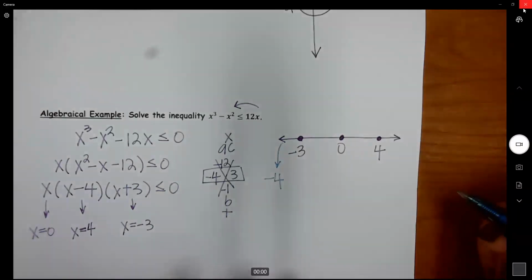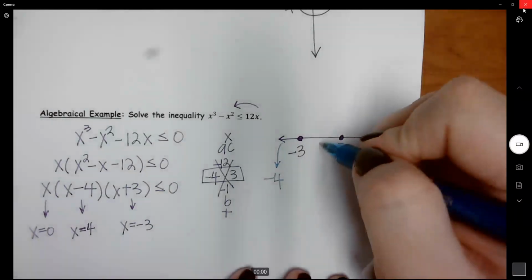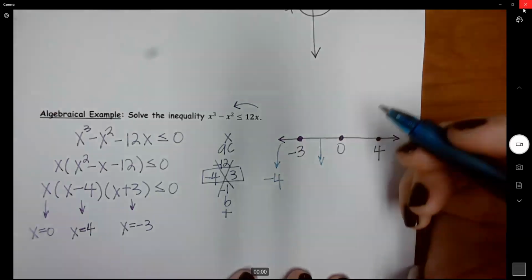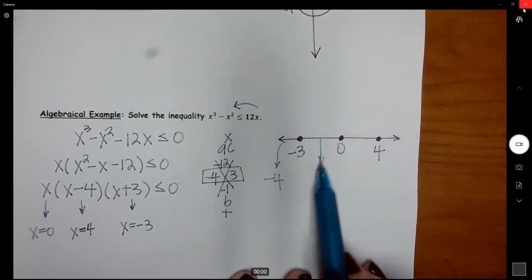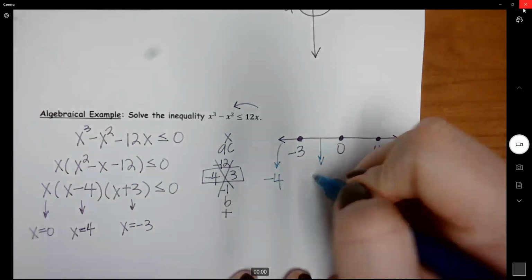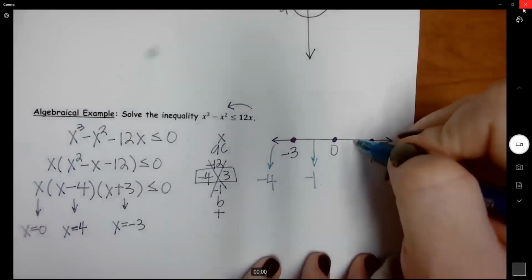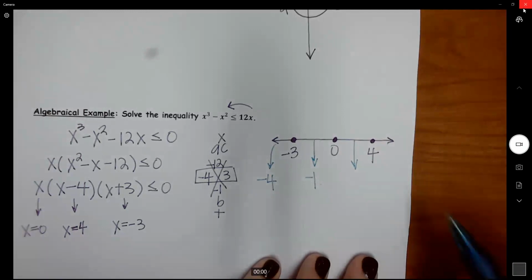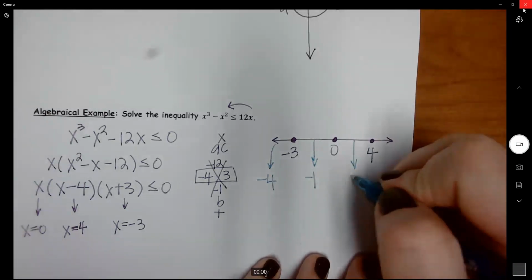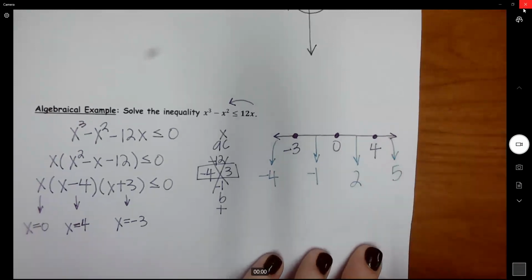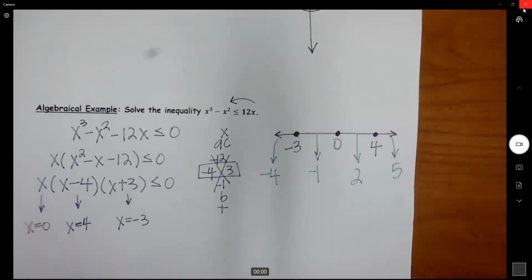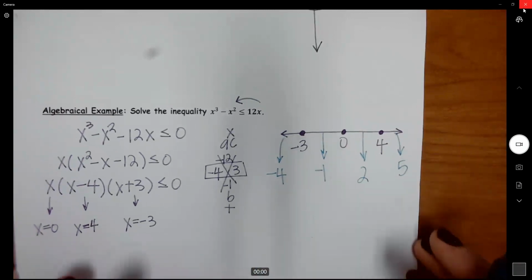So negative 4 would be the most obvious one to do. Something in between this interval, between negative 3 and 0, is either negative 2 or negative 1. We need something in this interval, we could do 1, 2, or 3. We'll just go with 2. And then we need something that's greater than 4, and the most obvious is the next one, which is 5. So these are my test points.